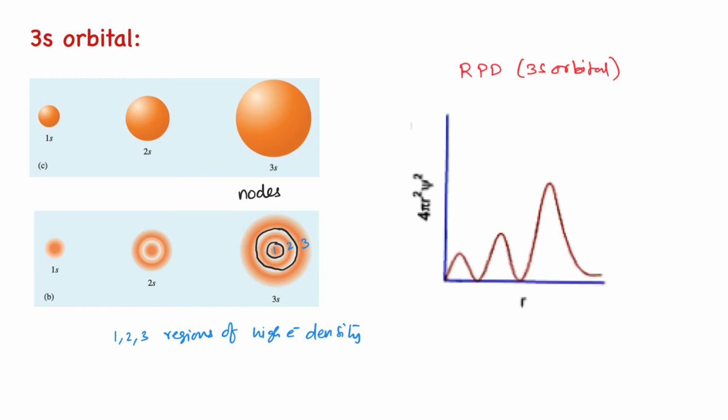If we look at the radial probability distribution plot, the radial probability increases, reaches a peak, goes to 0, which is node 1, then increases, reaches a peak, and goes to 0 again, which is node 2, then increases again, reaches a maximum at the most probable radius for the 3s orbital, and then decreases.